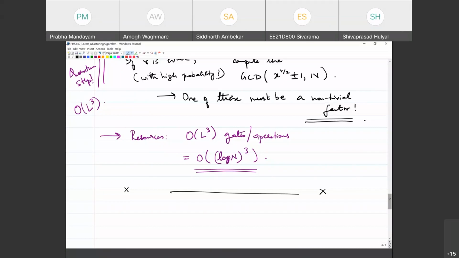Like I said, there is another route to factoring. This approach to factoring and this quantum speed up is of course due to Peter Shor in '94. Around the same time, there was an alternate approach to factoring by Alexei Kitaev, and this approach does not use this whole sequence of Fourier transform and order finding.